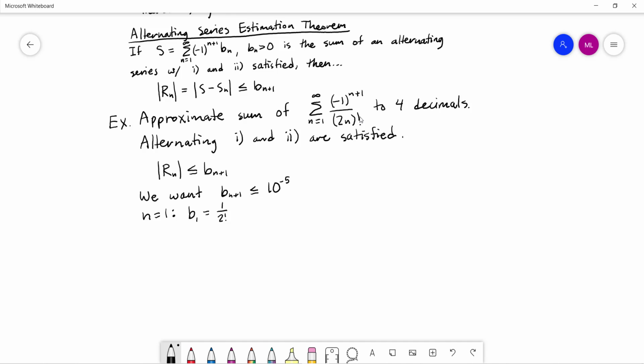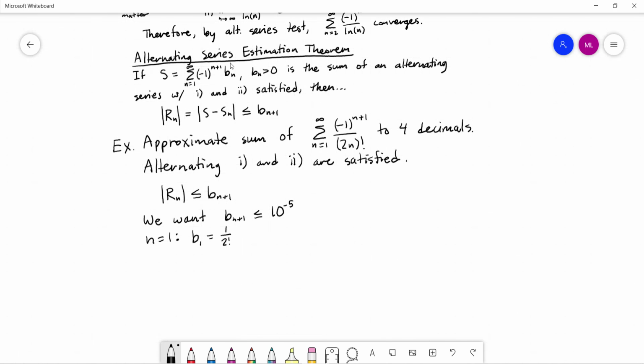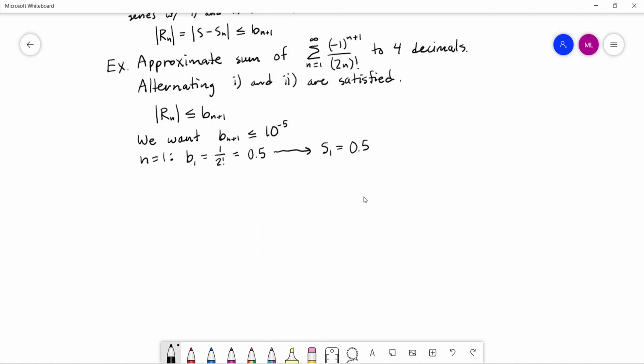And again, remember the b itself is separate from the negative 1 to the n plus 1 term. So b sub 1 is just 1 over 2 factorial, which is 0.5. 2 factorial is just the number 2, it's 2 times 1. So we get a half, 0.5. And that means that the sum, s sub 1, the first partial sum, is also just 0.5 because we've only had that one term added in.